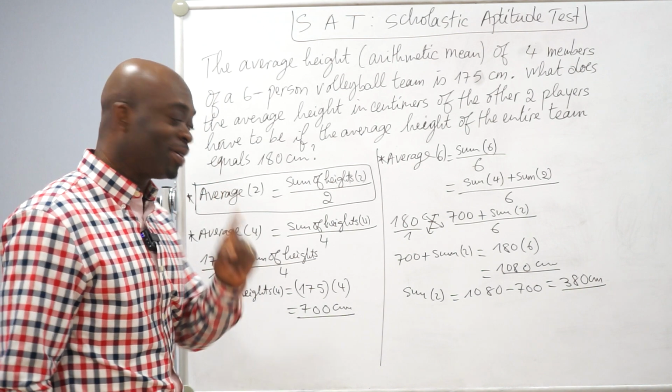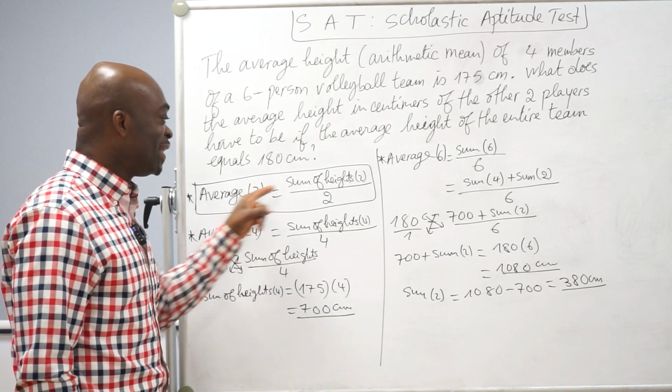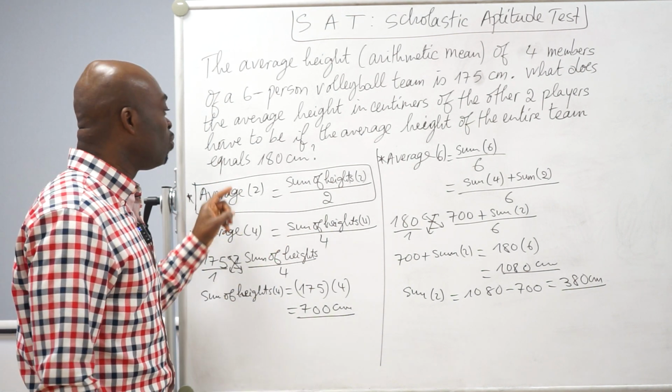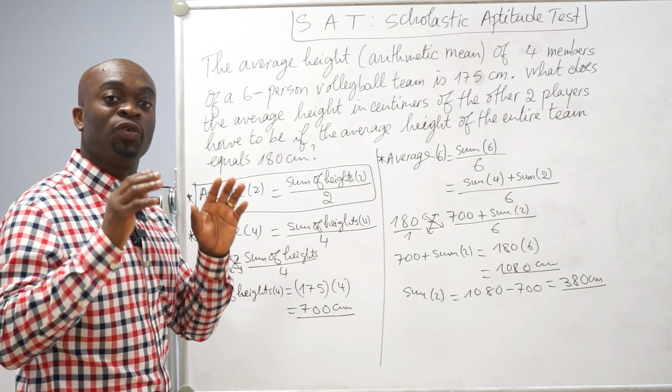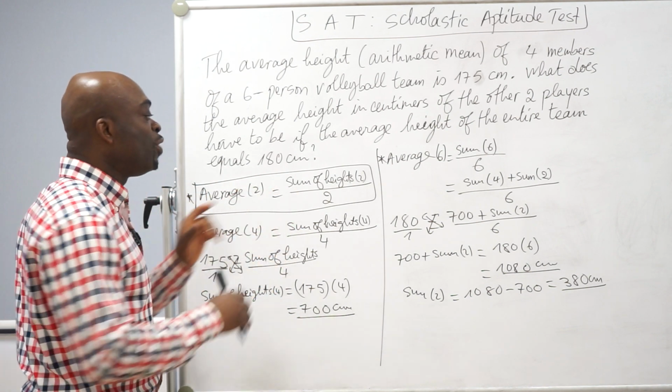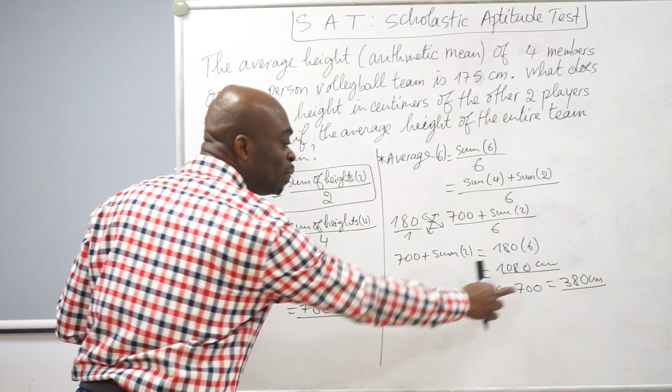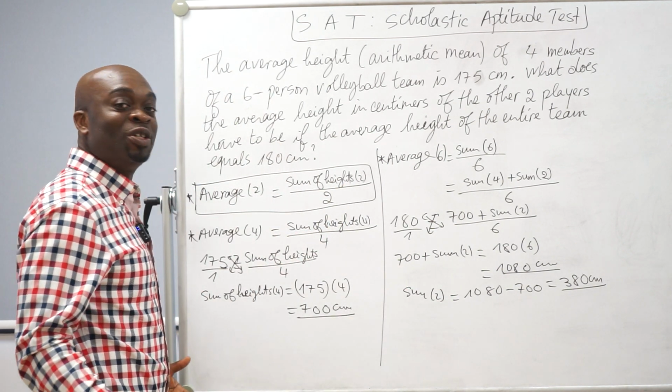Now, you guys remember, at the beginning, we said that we're going to need this. But what are we trying to get? We're trying to get the average height for the two players. Now we know the sum of the heights of the two players, which is 380. So what do we do to finish?